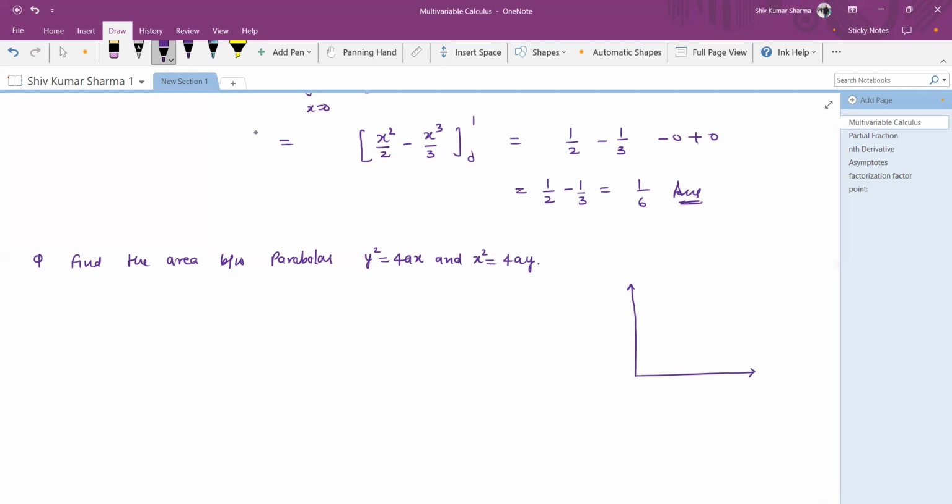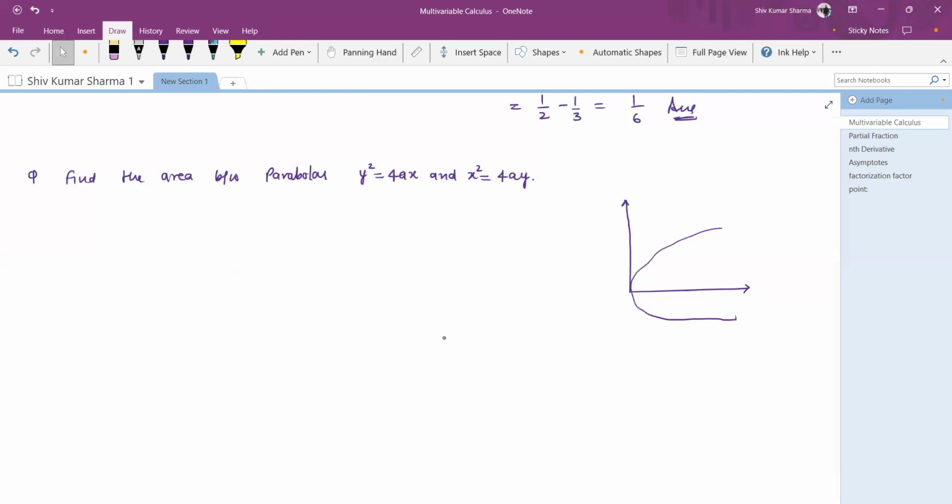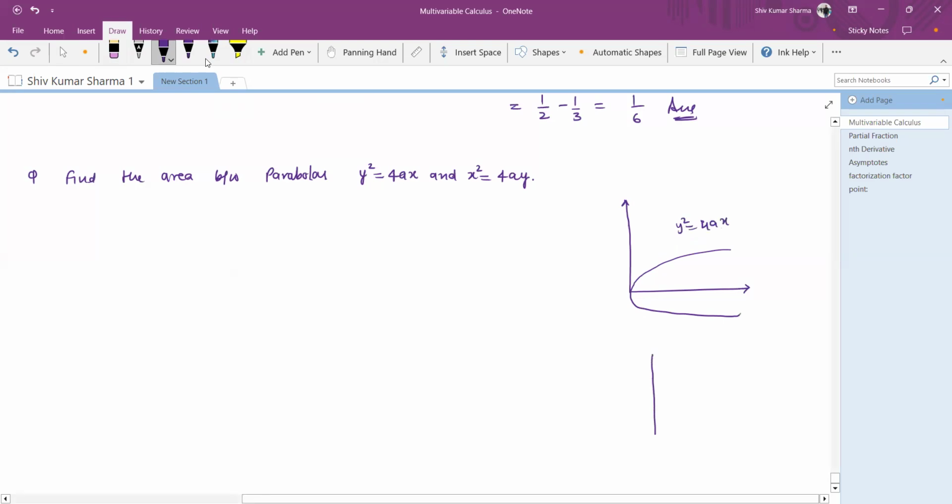That means y square equal to 4x is a parabola along the x-axis. A parabola also has symmetry. So we draw the curve again. This is y square equal to 4x, or x square equal to 4ay, which means along the y-axis.